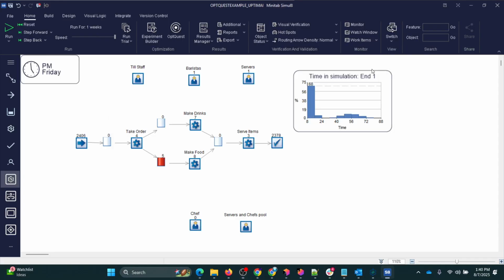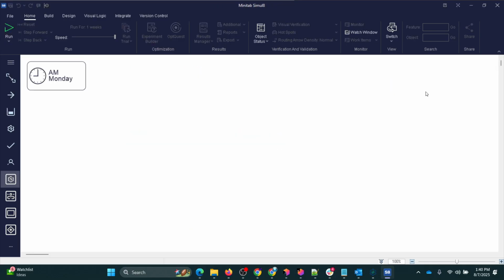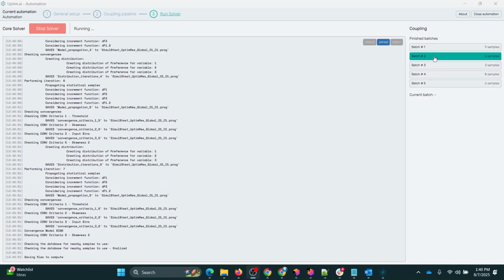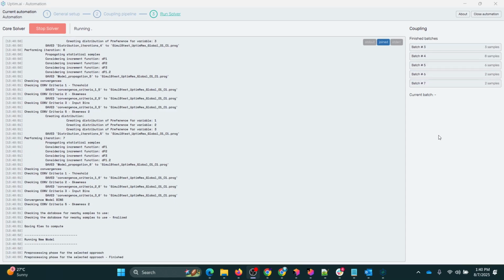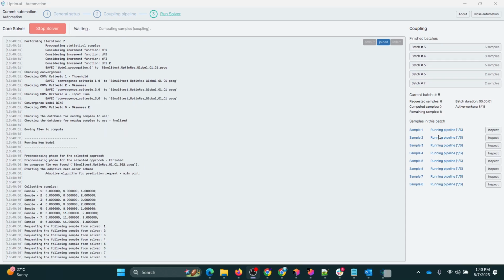Once we hit run, we can see how the software is invoking Simulate to collect all the batches and all the results it needs to perform its own modeling and calculations. Unlike OptiQuest, the system itself figures out how many batches and calculations it needs to build an AI surrogate model.